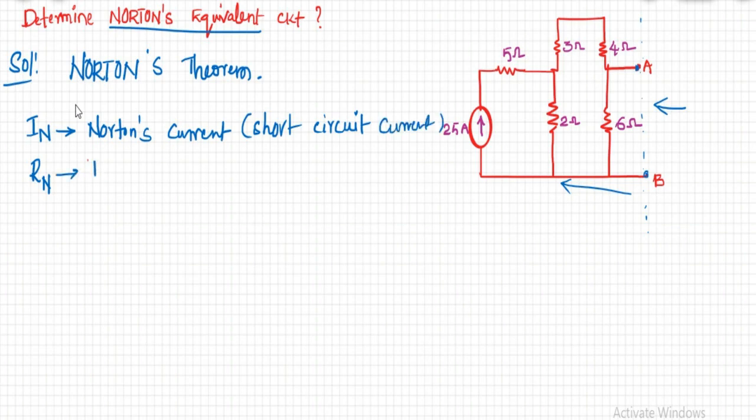So RN is the equivalent resistance looking from A and B terminals.